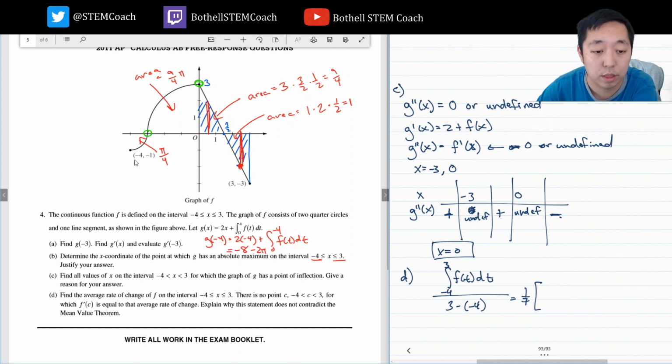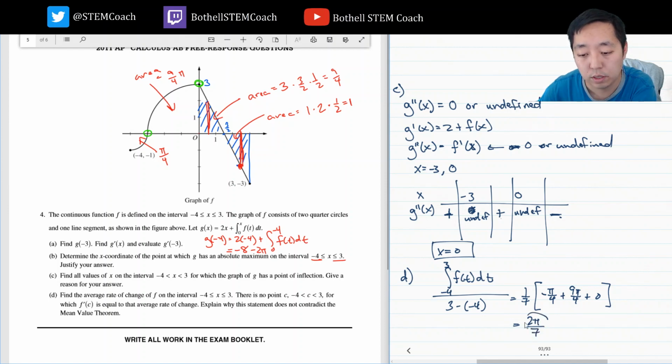We start off with this area here, which is -pi/4 because it's under the x-axis. Then I have 9pi/4. Then this area and this area cancel, so that's just 0. So this is 2pi/7. Okay, yeah, and that's it.